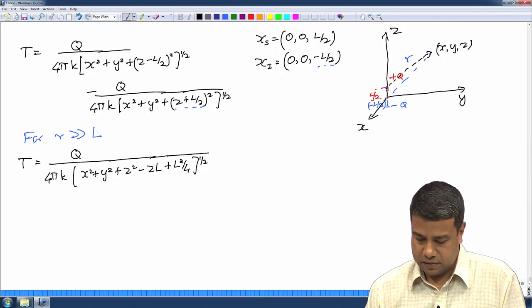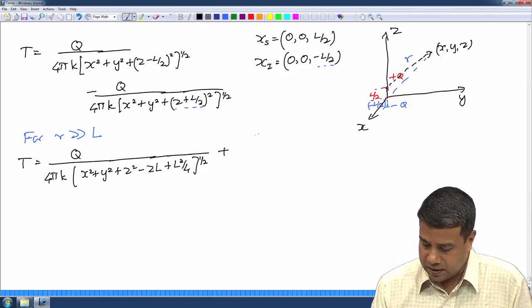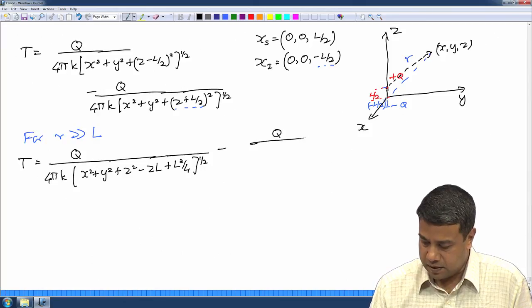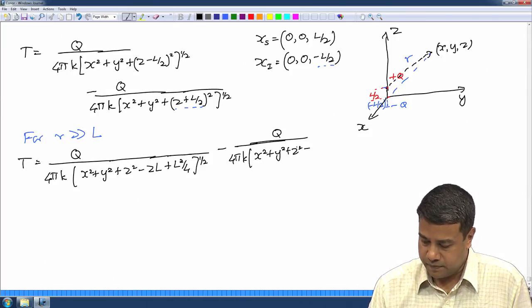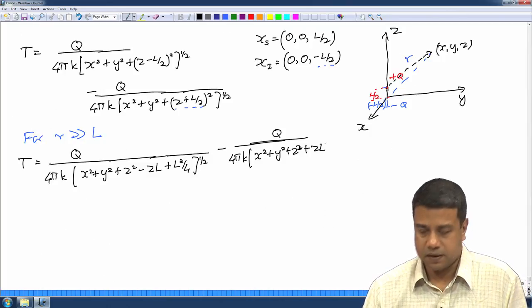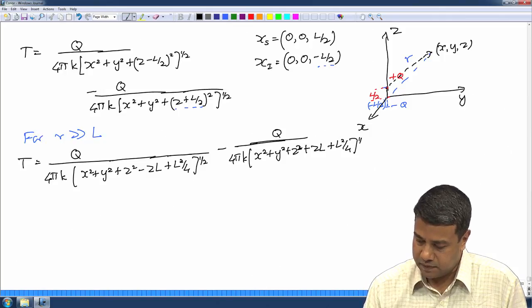Just expanding out this z minus L by 2 the whole square, and I will get the second term as minus q by 4 pi k into x square plus y square plus z square plus zL plus L square by 4, whole to the half.